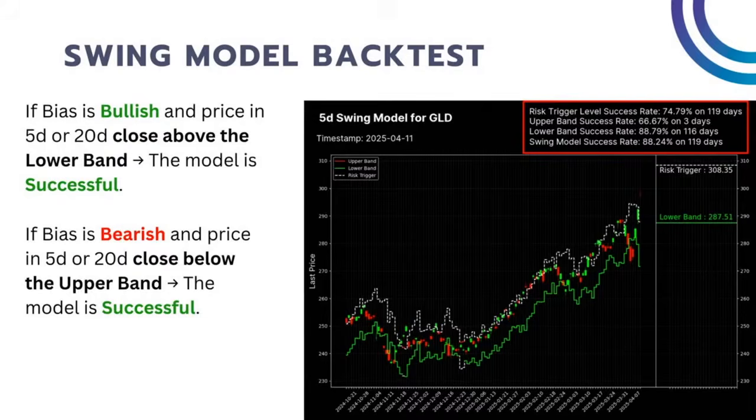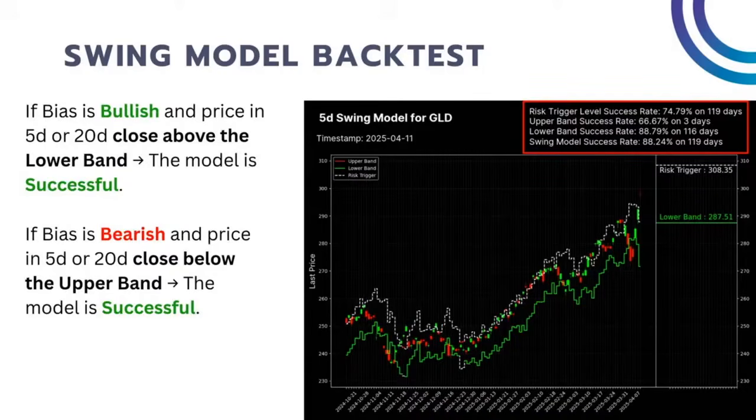If in 5 days from now the price of GLD closes above that level, that is a success for the model. So we're trying to predict the floor looking at the lower band and the resistance looking at the upper band. If we see a bearish bias, so if we do have an upper band and the price in 5 days or 20 days from now closes below the upper band, then again, the model is successful.